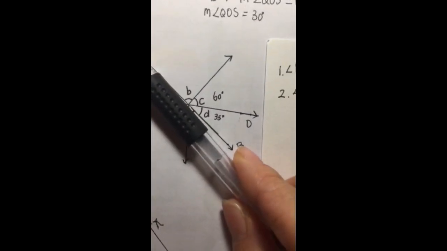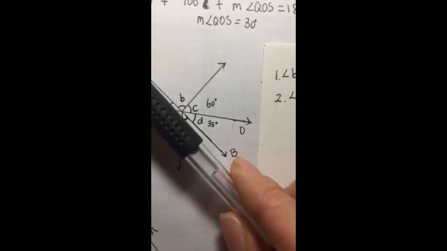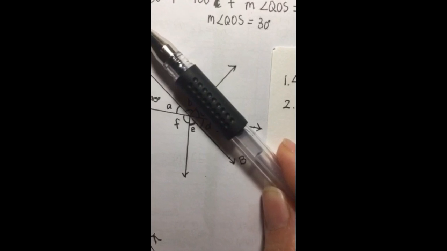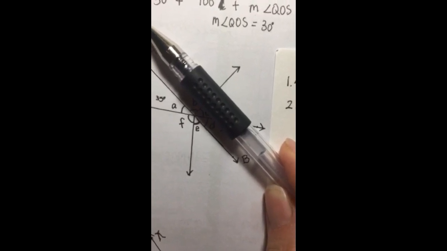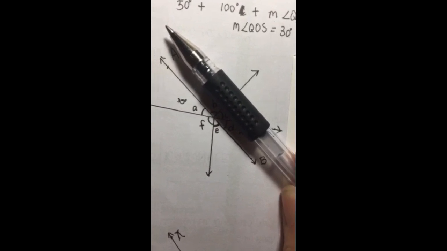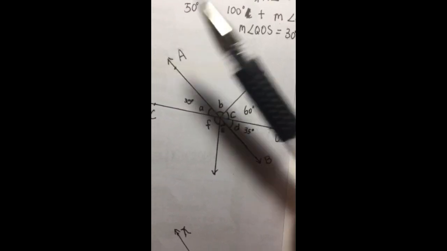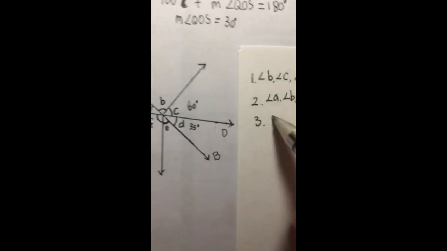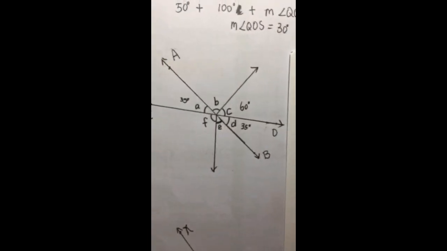On line AB, there's angle BCD. And on the other side, there's another set, angle AFE. They're also angles that are on line AB and they make 180 degrees too. So, the third set is angle A, angle F, angle E. The same thing for line CD.